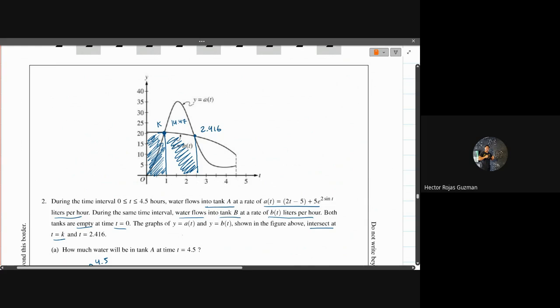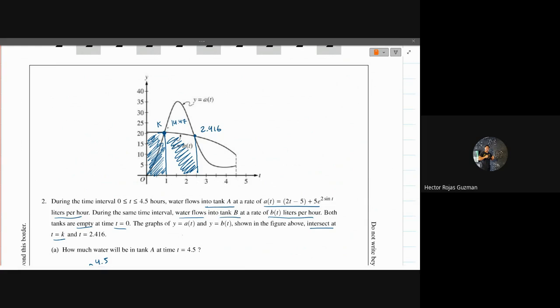I'm trying to find all this area in tank A, from K to 2.4. But if I subtract the 14.47, I'm left with the blue area.